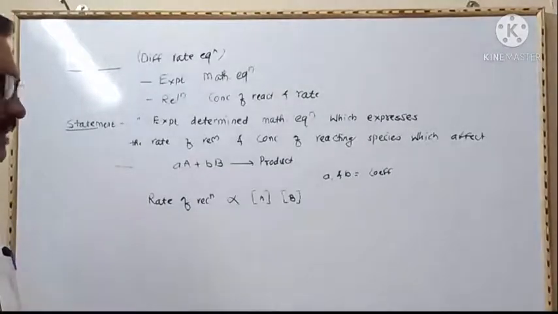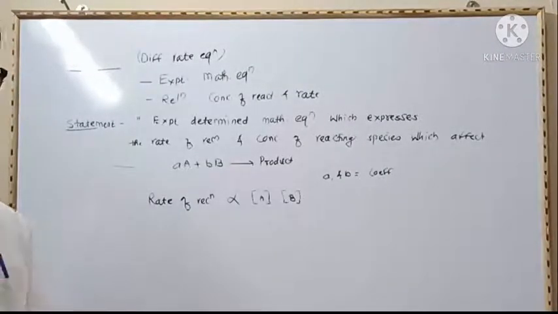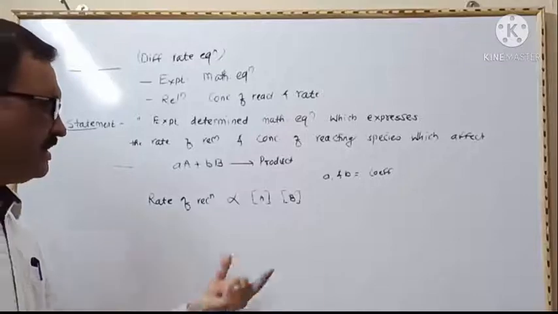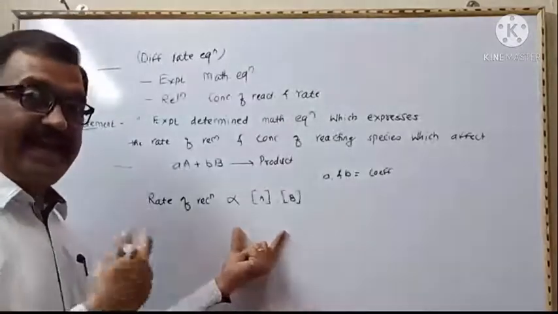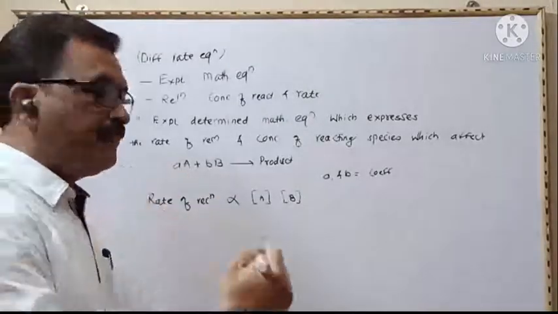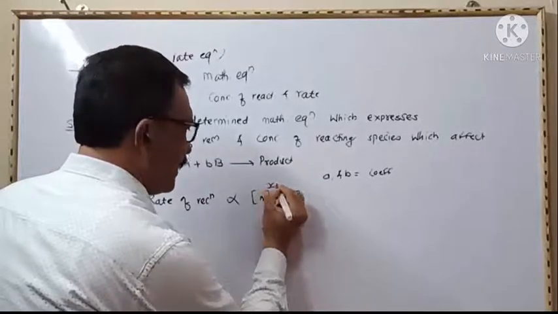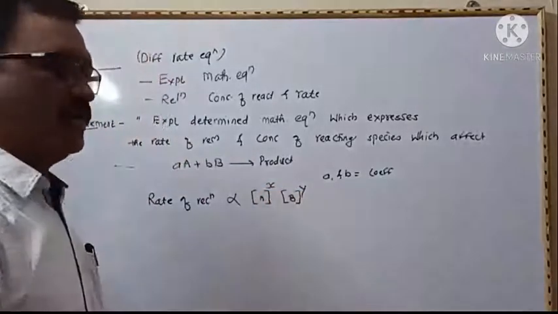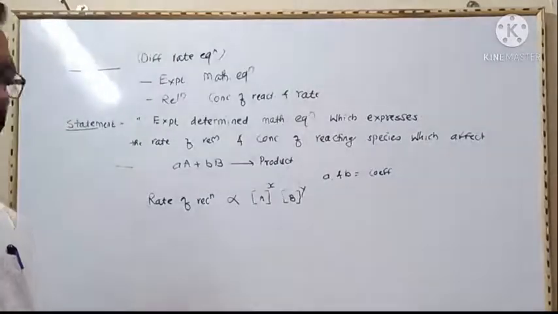At a given time interval or at a specific time, these concentration terms are raised to a simple power, like A raised to x and concentration of B raised to y.